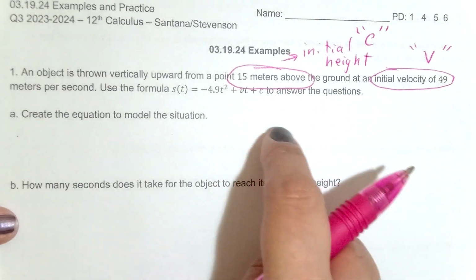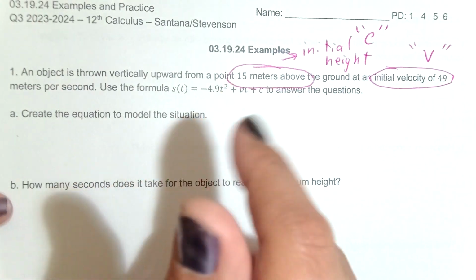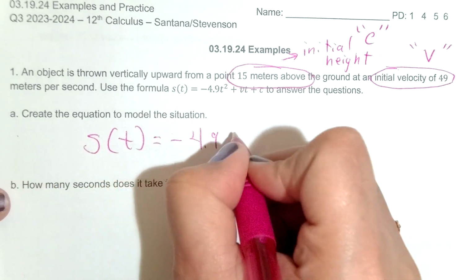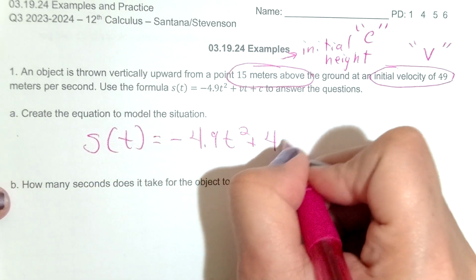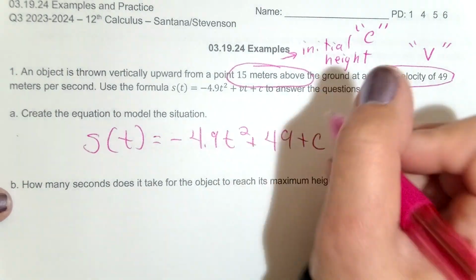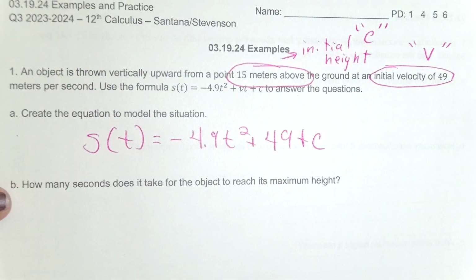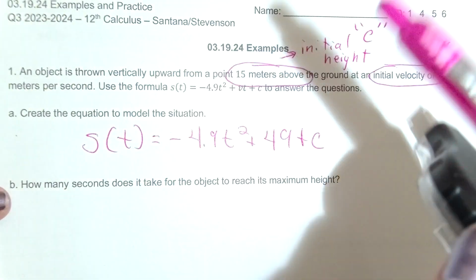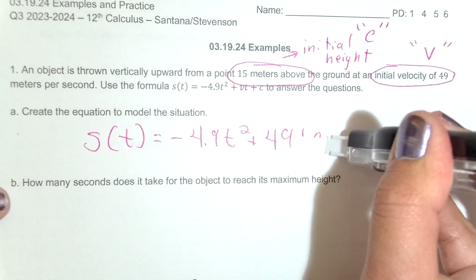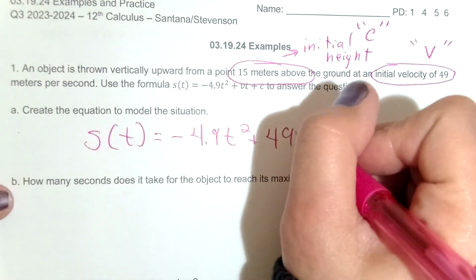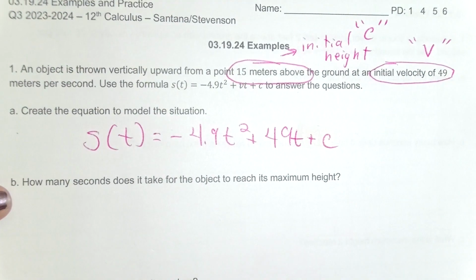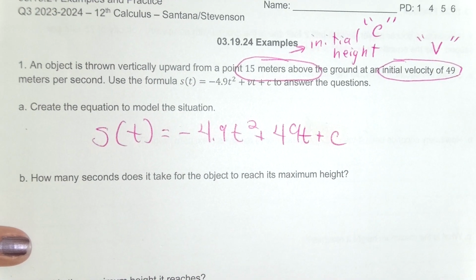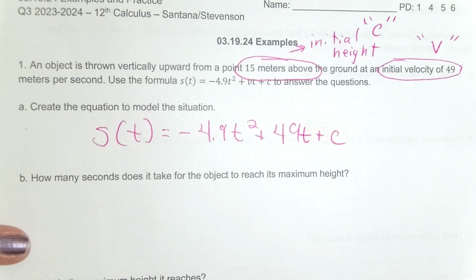Or supposed to be. Now I'm just going to put these two numbers inside the formula to create my equation. t plus C. Any questions on part A?